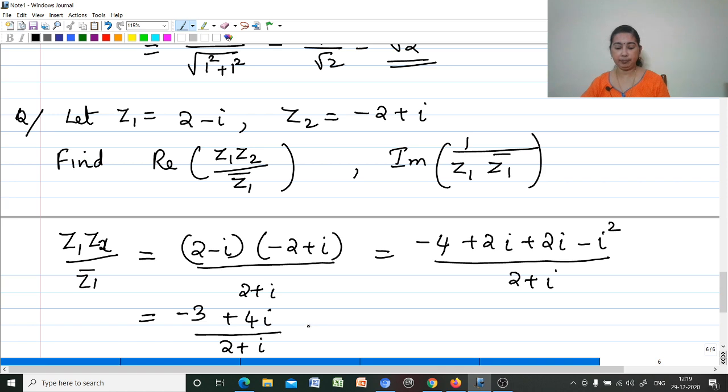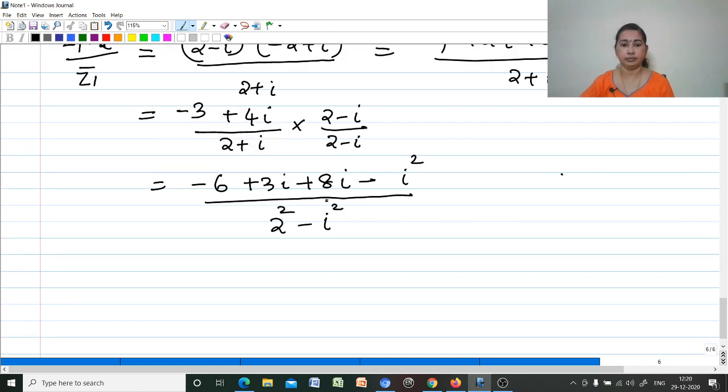Then we have to multiply by the conjugate. So that is equal to minus 3 plus 4i, multiplied by the conjugate, meaning multiplying by 2 minus i in the numerator and denominator, so into (2 minus i) by (2 minus i). Minus 3 into 2 is minus 6, minus 3 into minus i is plus 3i, then plus 8i minus 4i square.